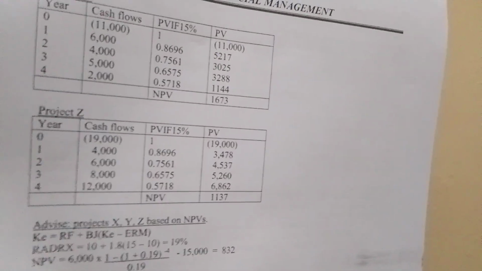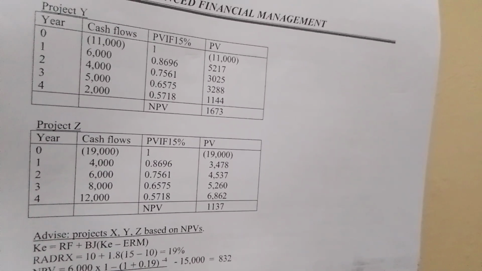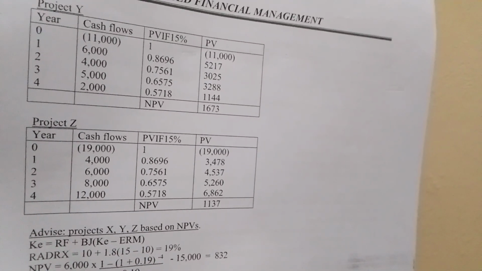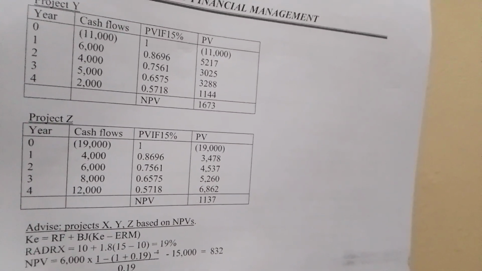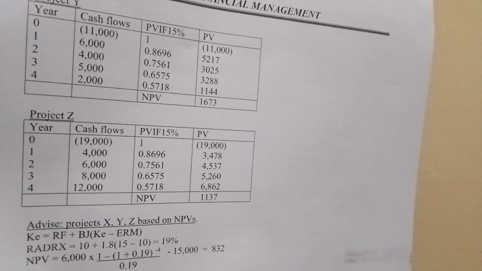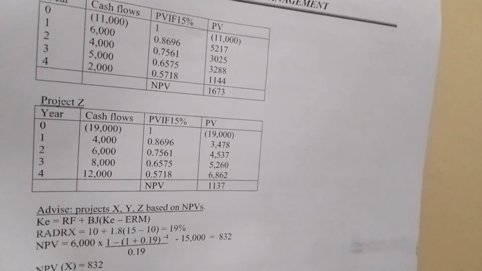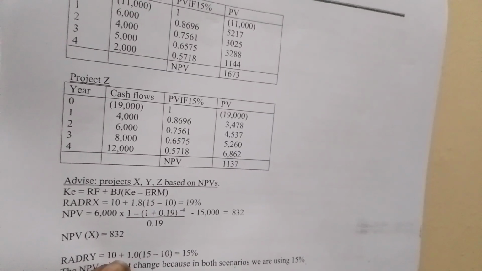Remember 15%, we are the ones who have calculated that. In that column, you are taking 1 plus 15% raised to negative n. Then you multiply the cash flows by the present value interest factor. You get the present values, and the net present value is 11.7 for project Z.